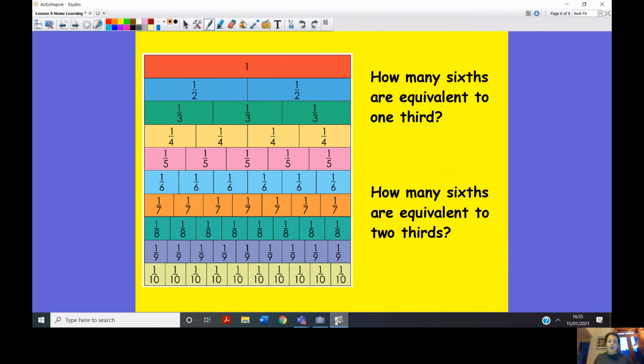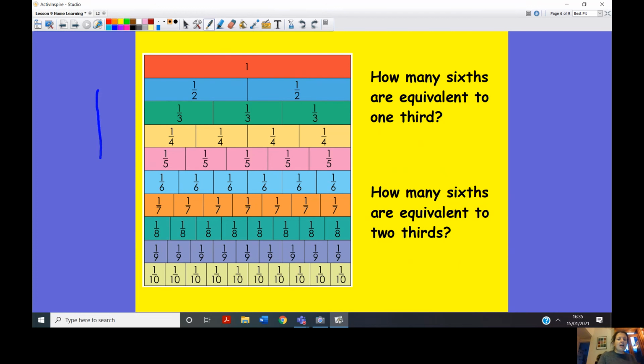So here we've got a fraction wall which shows a lot of the different relationships that we've been looking at over the last couple of days. As you can see, at the top here are the halves, and the number of the denominator is increasing.